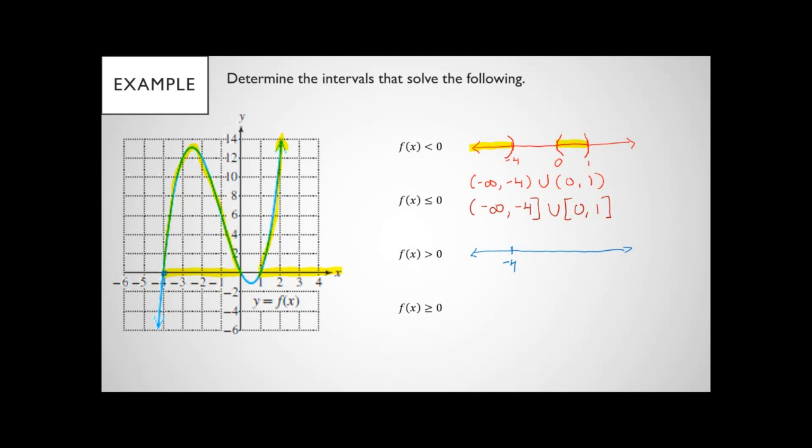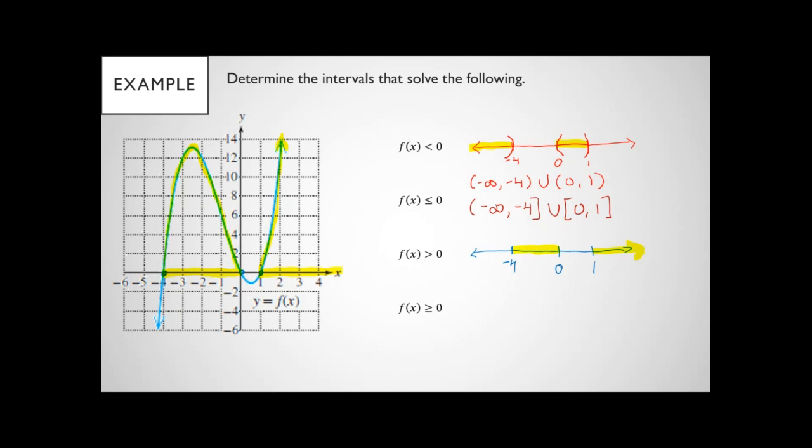You can see where it crosses the x-axis, because those are our transition points between positive and negative values of the y. And in this case, we're looking for where it's above. So we're above between -4 and 0, and then again from 1 to infinity.